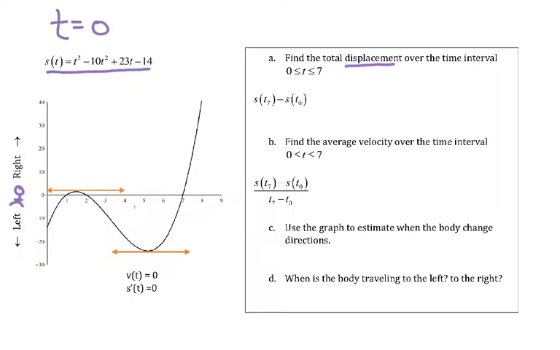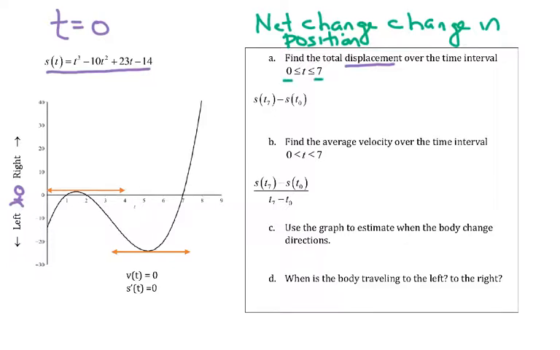And let's look at these questions over here. The total displacement is the net change in distance, net change in position, rather. So if we want to find the total displacement from time t equals 0 to time t equals 7, we find s of 7 minus s of 0.